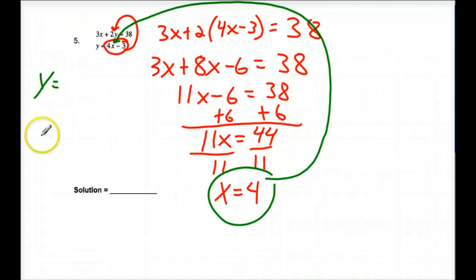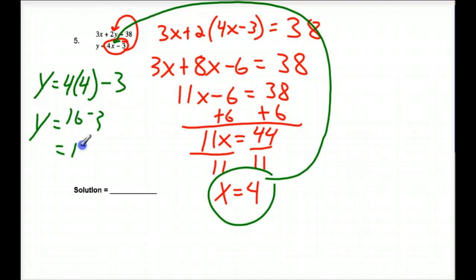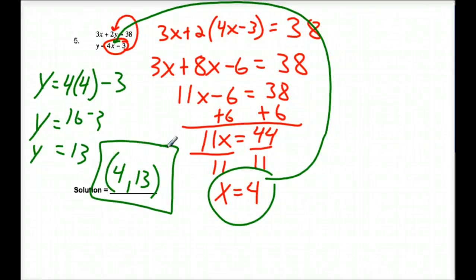So y is going to be 4 times 4 minus 3. Does everybody agree that's 13? Catherine, pair up your x value and your y value. What's the solution? Would you put them x comma y, please? Exactly. 4 comma 13. You got to think, because x goes first.